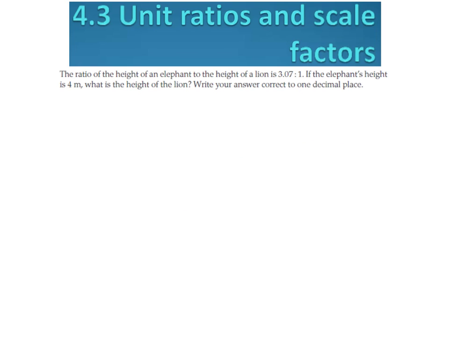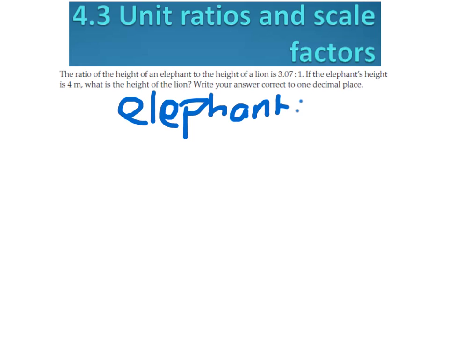Okay, so for this question here, if we identify the key bits of information, the height of an elephant to a lion. So again, if we write out in words what it's actually asking, it's a bit easier. So we've got elephant, and then we've got the lion. Okay, now we'll have a look.